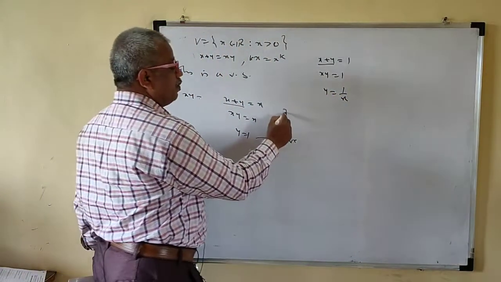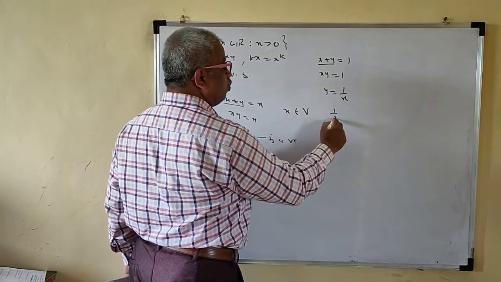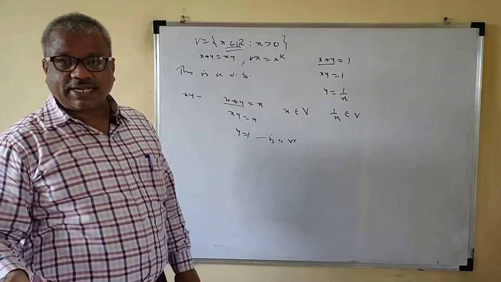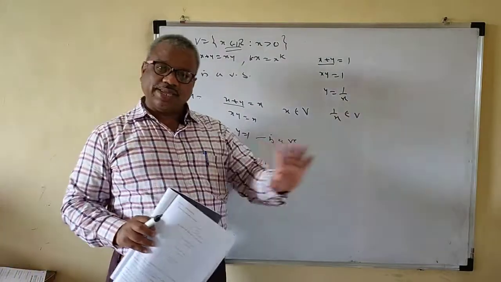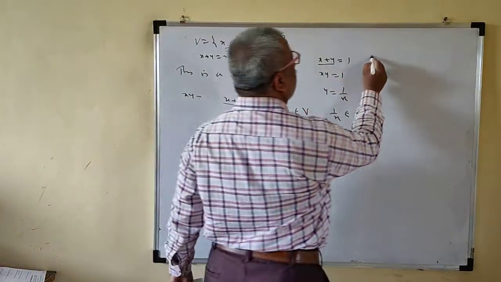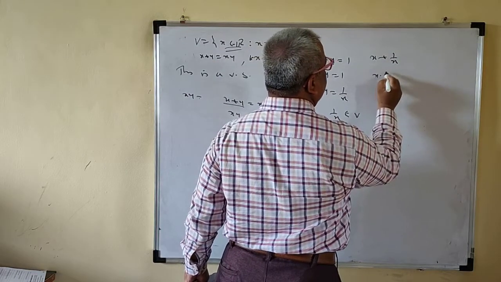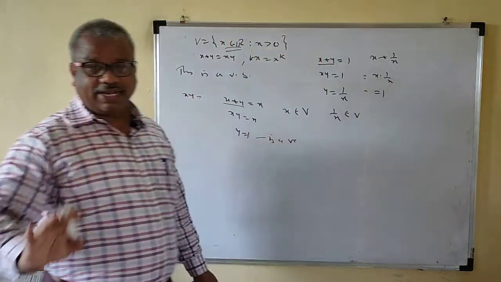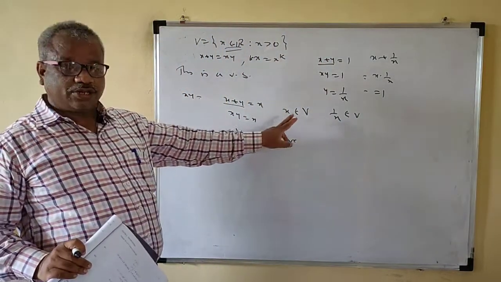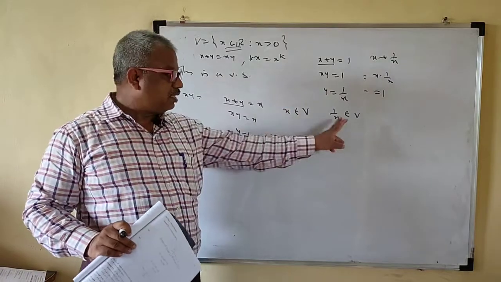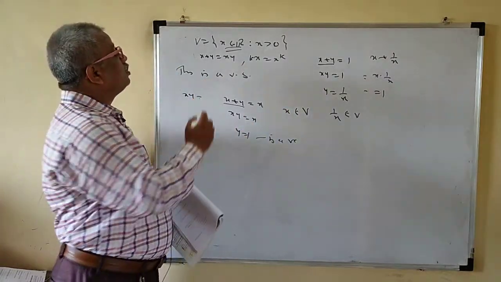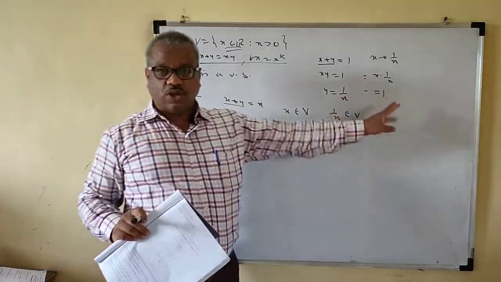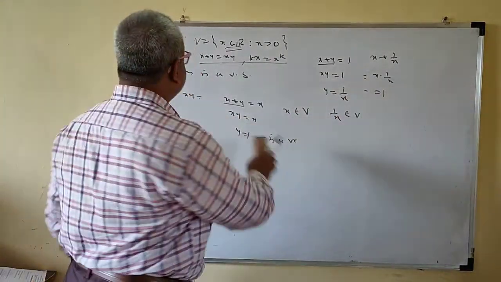That means if x belongs to V, then 1 upon x is also in V, because x is a real number greater than 0, not equal to 0, so 1 upon x exists. And x plus 1 upon x is x into 1 upon x, which is 1, the additive identity. So the additive inverse of x is 1 by x. Note that for this operation the additive inverse is 1 by x, and the additive identity is 1. This you should also remember.